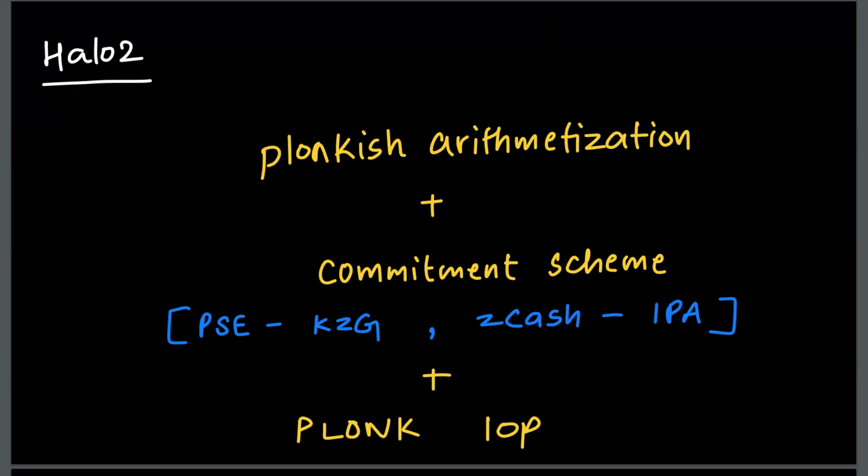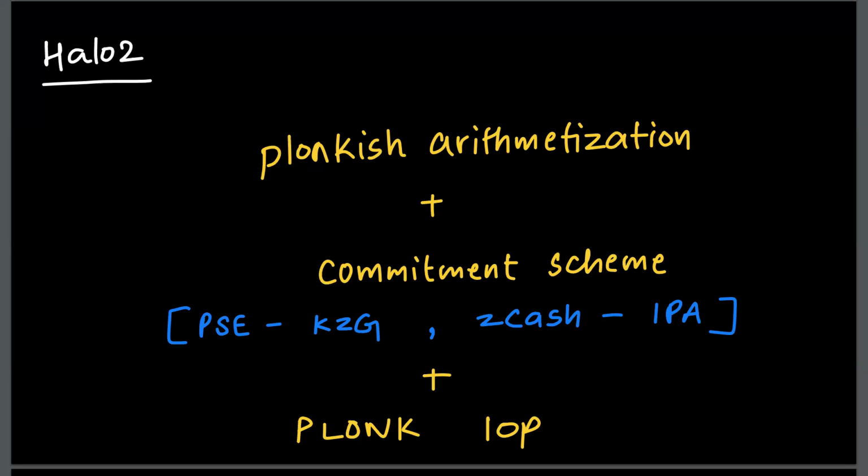So coming back to Halo 2, we just had a look at Plonkish arithmetization, and then we know what Halo 2 is right now. It is a Plonkish constraint system with a commitment scheme. So Zcash, the people who created Halo 2, use a different commitment scheme called IPA, and the PSE folks who forked it from Zcash use KZG to be compatible with Ethereum.